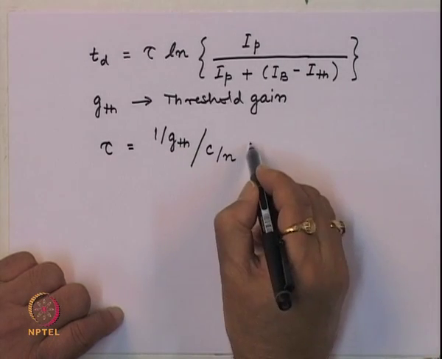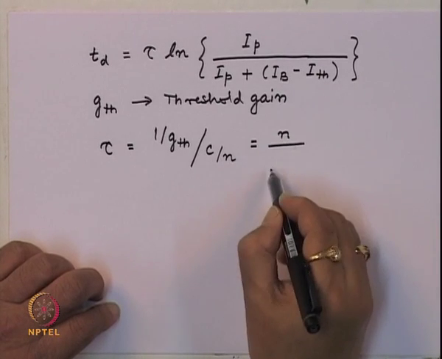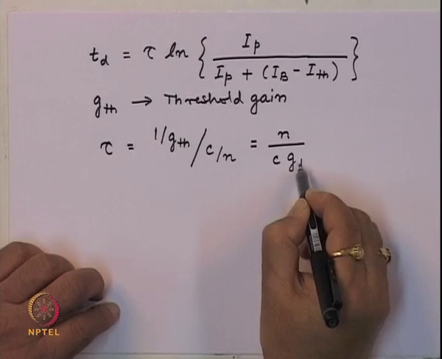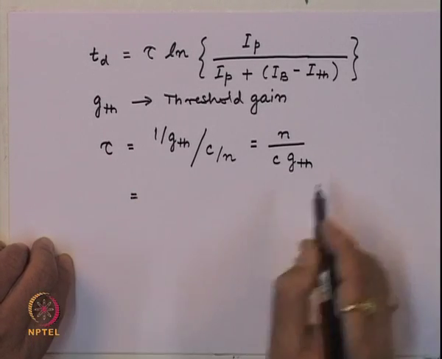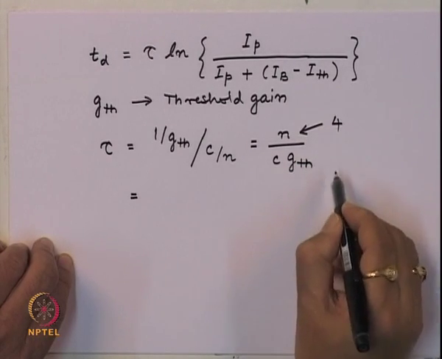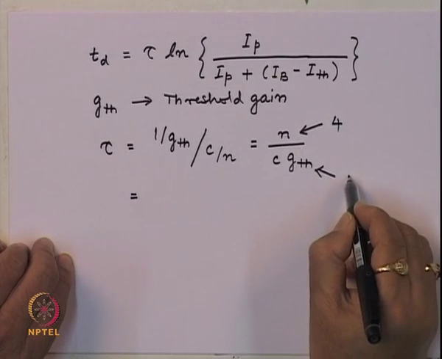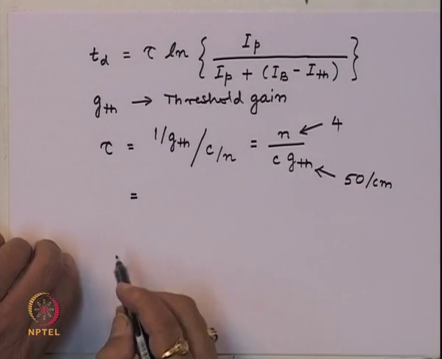Now, G threshold is given, and n is given for this problem. So, tau is n divided by c times G threshold. We can substitute the parameters given in this problem. The refractive index n is 4, G threshold is given as 50 per centimeter, and c is the velocity of light.